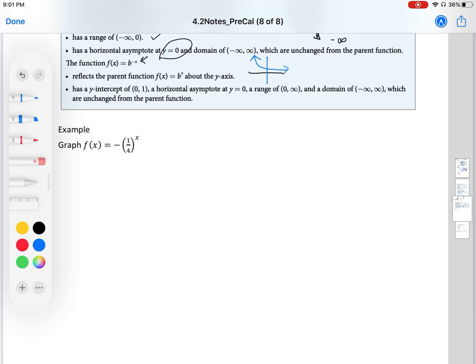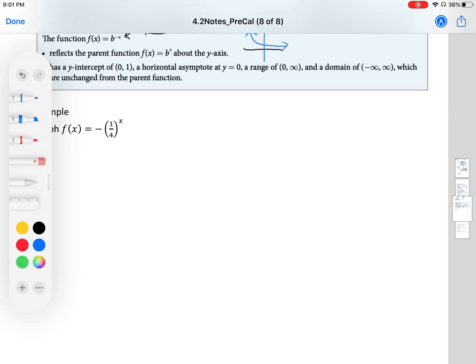Let's do this problem. Graph f of x equals negative (1/4) to the x. So I kind of don't really need much. I know that because of the negative, we're going to have a reflection over the x-axis.